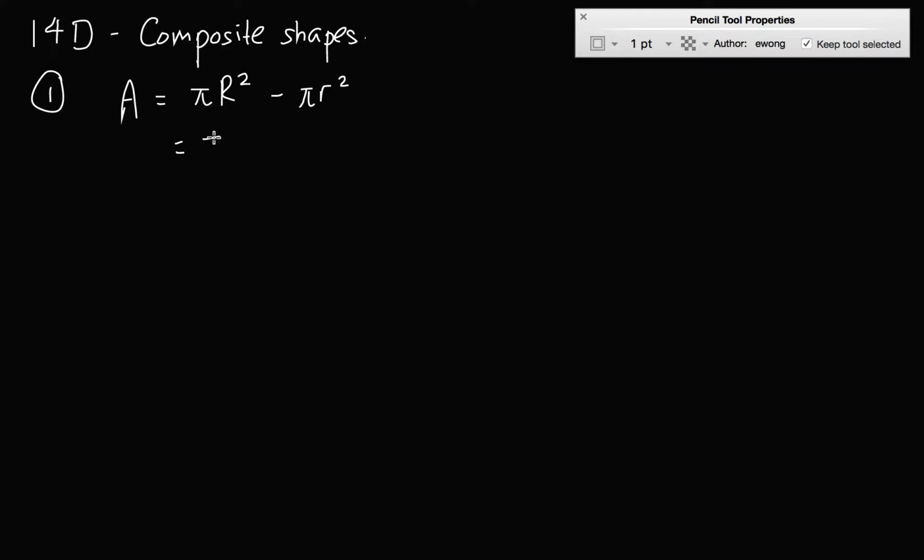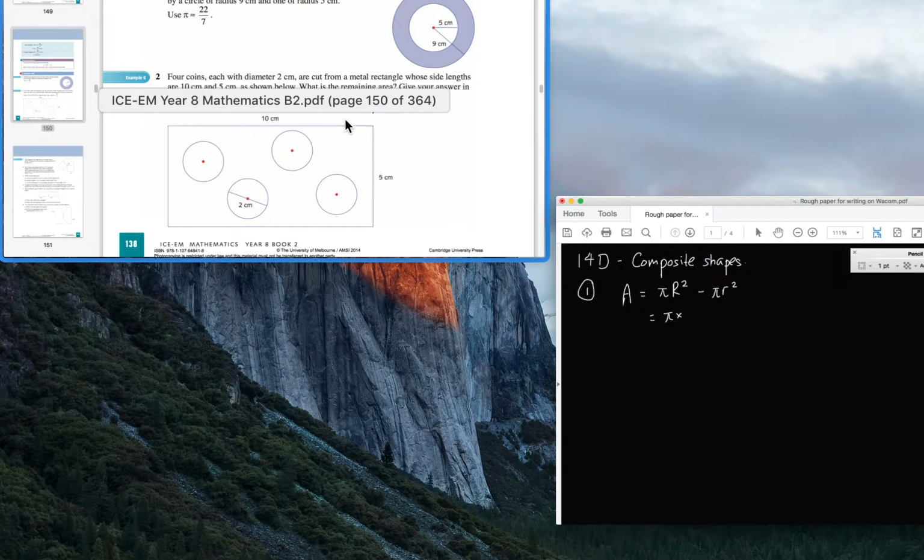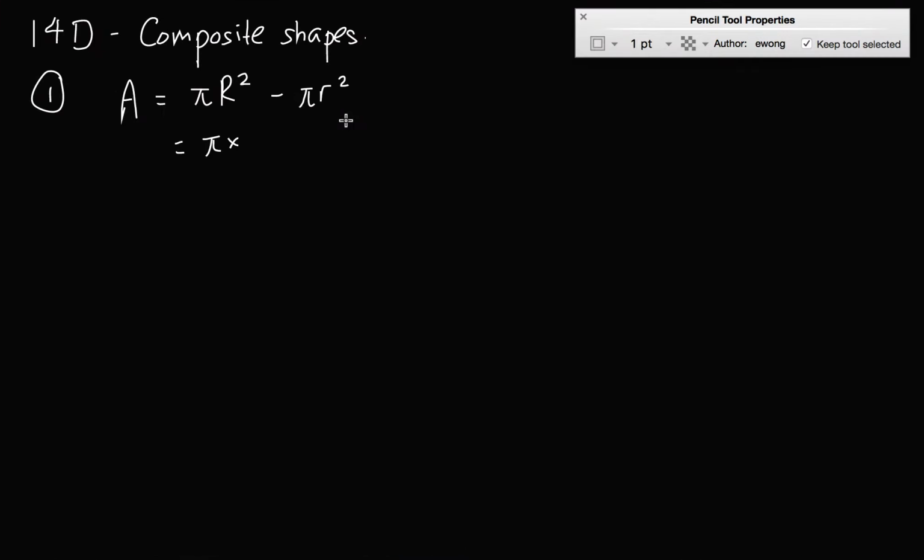So that means we're doing pi times 9 squared, take away pi times 5 squared. Okay, and that means it is 81 pi, because 9 squared, 9 times 9 is 81. Take away 5 times 5, 25 pi.